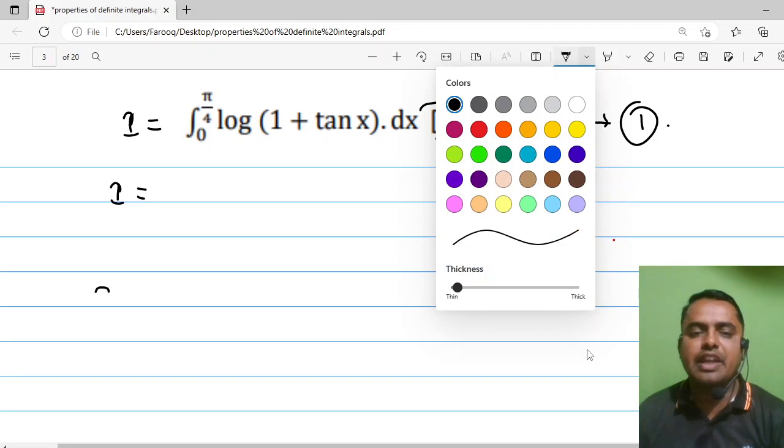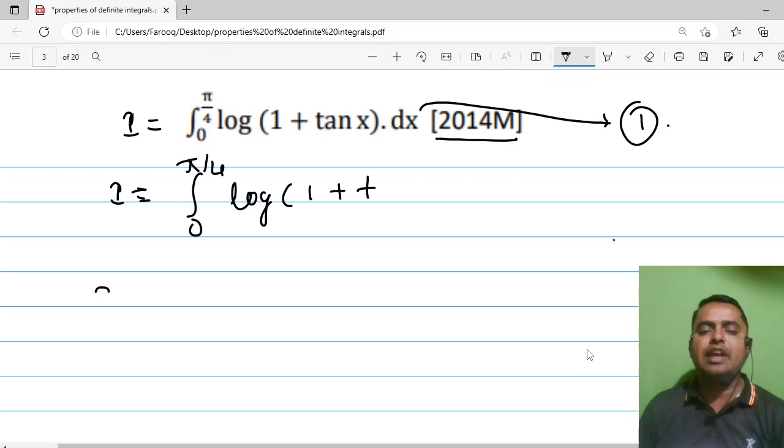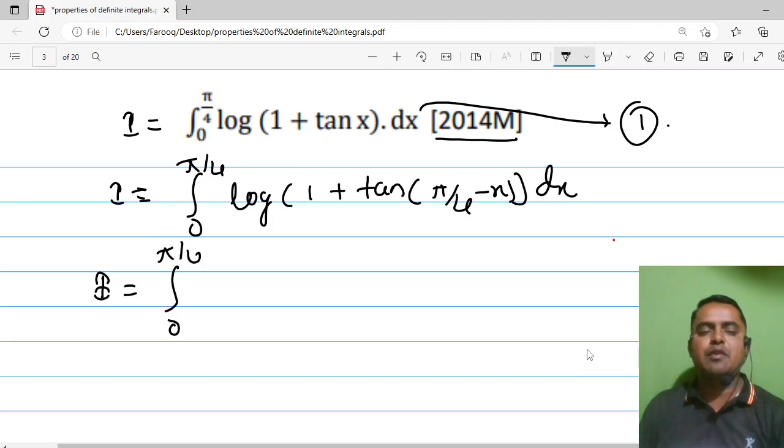Here by the property again, I is equal to integral 0 to 5 by 4 of log of 1 plus tan x, where x changes to a minus x. A means what here? 5 by 4 minus x dx. Now I is equal to integral 0 to 5 by 4 of log, 1 as it is, plus tan A minus B form.